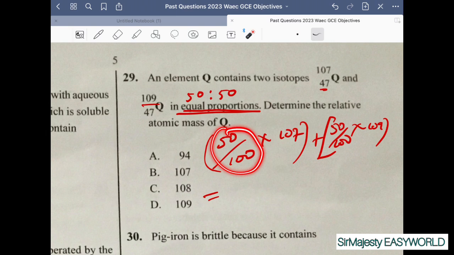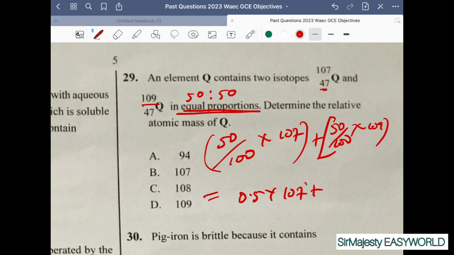This is 0.5, this is 0.5, so we'll be dealing with simple 0.5 times 107, which is half of 107. You can predict the answer yourself with our calculator, plus the same thing, 0.5 times 109.